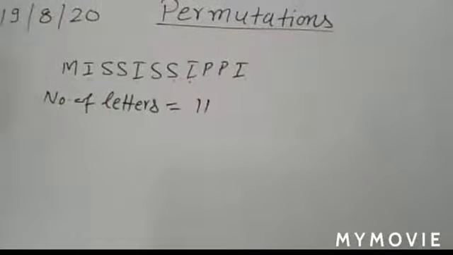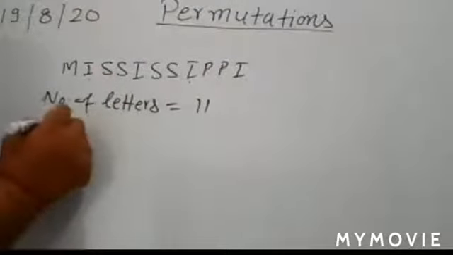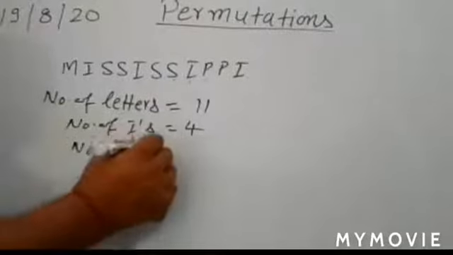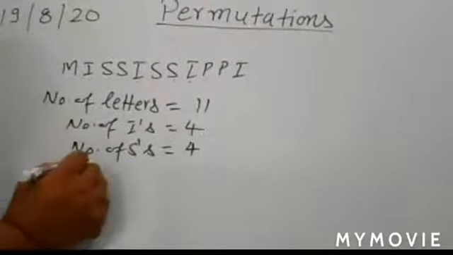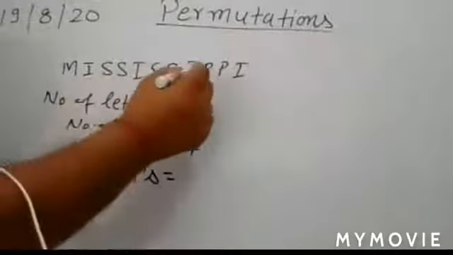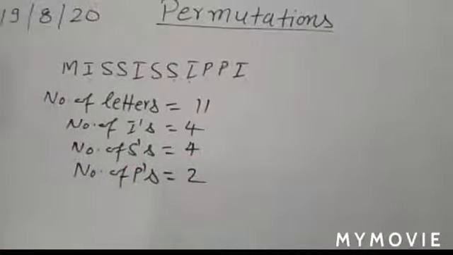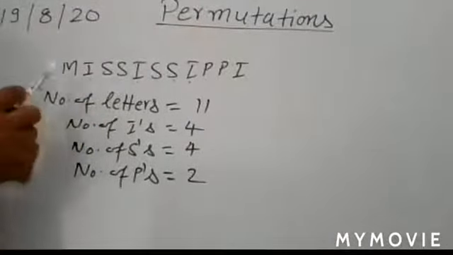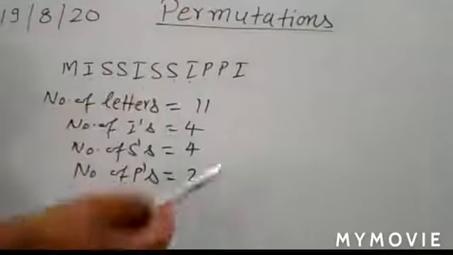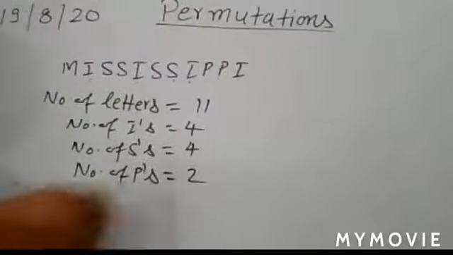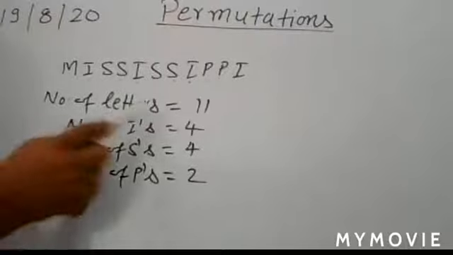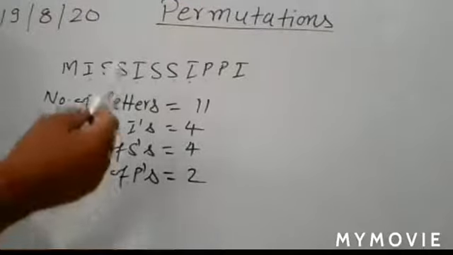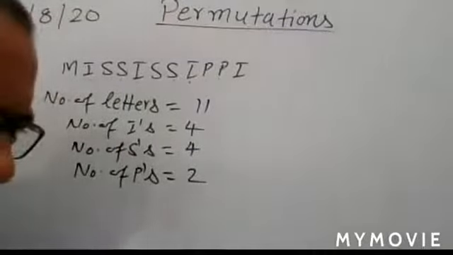So here you have a total of 11 letters, in which the number of i's is equal to 4, the number of s's is equal to 4, and the number of p's is equal to 2. The remaining letters, for example M, occur once only, so there is no need to write them. You only write the total number of letters and the counts of the repeated letters: i's, s's, and p's.